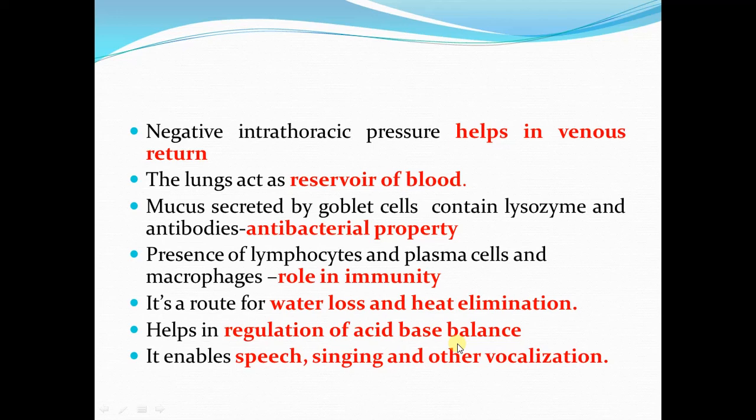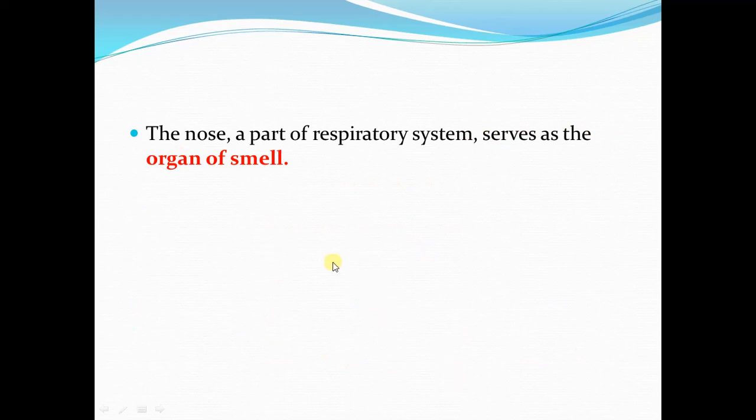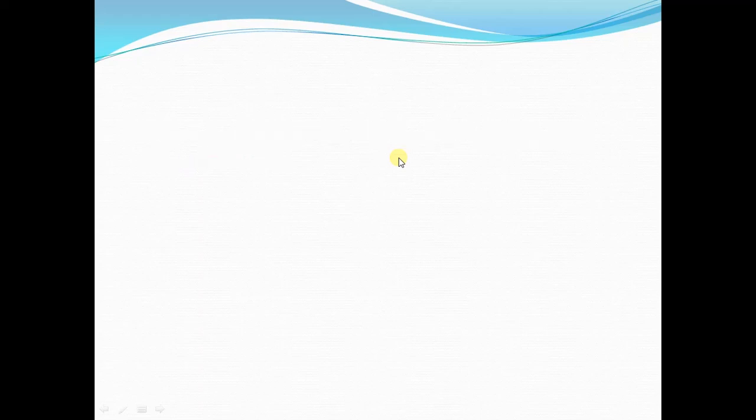Then the parts of the respiratory system enable speech, singing and other forms of vocalization. And finally, last but not least, the nose, which is a part of the respiratory system, serves as an organ of smell. So this was about the non-respiratory functions of the lungs.